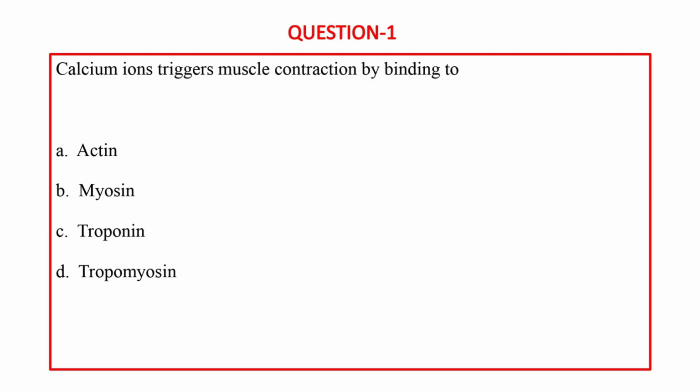So moving on to question number 1. Calcium ions trigger muscle contraction by binding to: A. Actin, B. Myosin, C. Troponin, D. Tropomyosin. The answer to this question is C. Troponin.